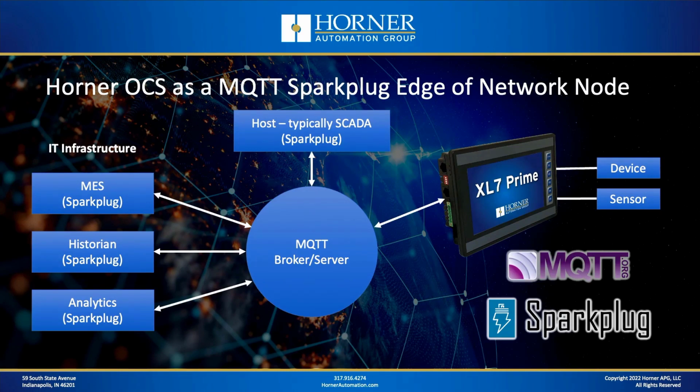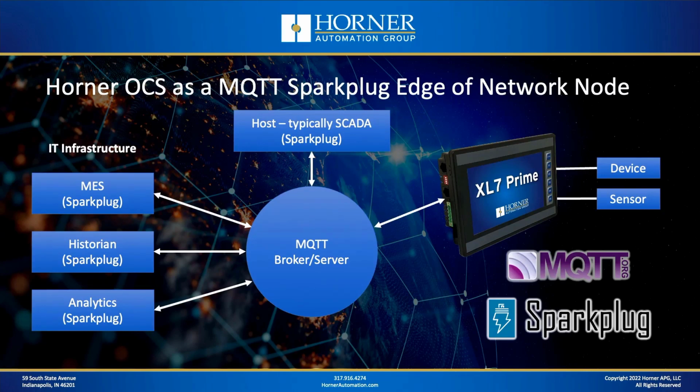All right. Now, the role that a Horner OCS can play in a Sparkplug system is as an edge of network node. So it's the device that is going to be publishing the data from the machine, whether that's temperature data, pressure data, etc. And that data could reside directly within its own memory, or it could be extracted from lower technology Modbus devices that it's also connected to.